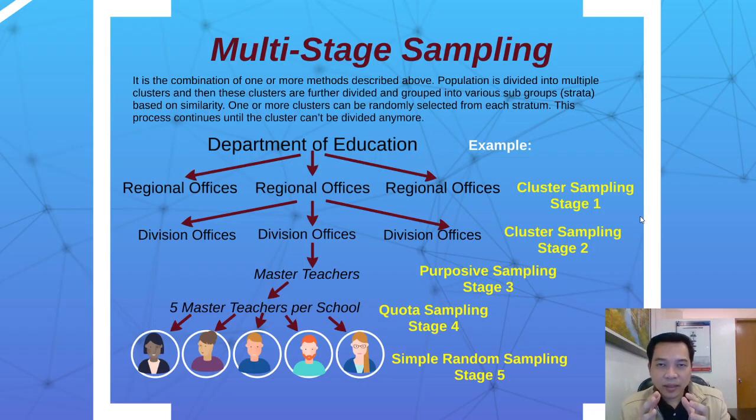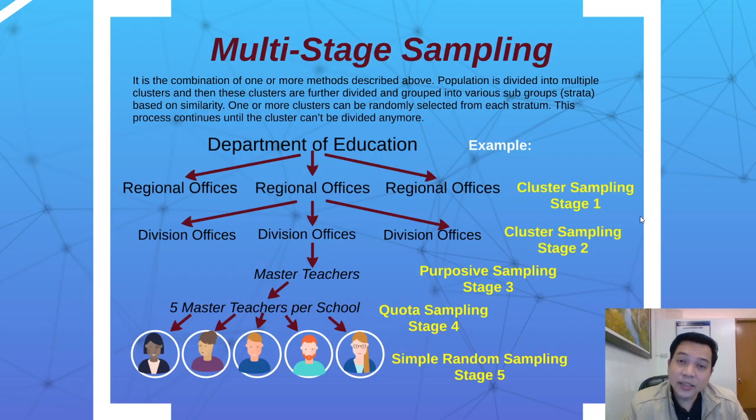And then by the time you reach the school level, you will be selecting not just teachers, but purposely master teachers. So that will entail purposive sampling. That is for stage three. And in each school, there are, let's say, several master teachers. So how many master teachers? Then you might put a quota on it. Let's say in each school, I will only be selecting five master teachers.